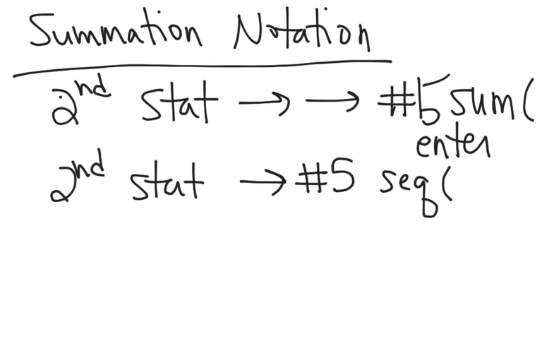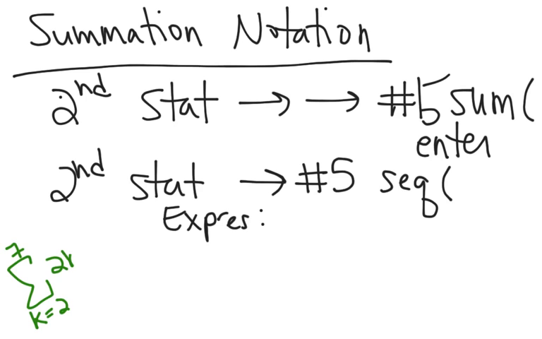Now if you have the newfangled calculator, the next thing that happens is it pops up with a screen where I think it says something like expression or equation. If you were, for instance, to do this problem, the summation notation from k equals 2 to k equals 7 of 2k plus 3, in the expression part, you would type in 2x plus 3, because the variable we have to use in the calculator is x.